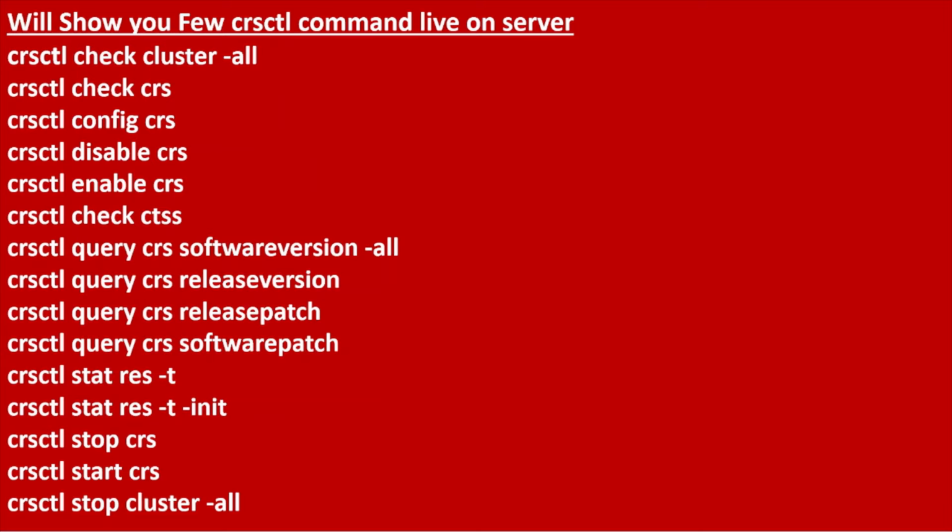CRSCTL stat res -t, CRSCTL stat res -t -init, how you can start the CRS, how you can stop the CRS, how you can stop the cluster, meaning all the nodes, by firing a single command on a node to stop all the CRS resources on the cluster.